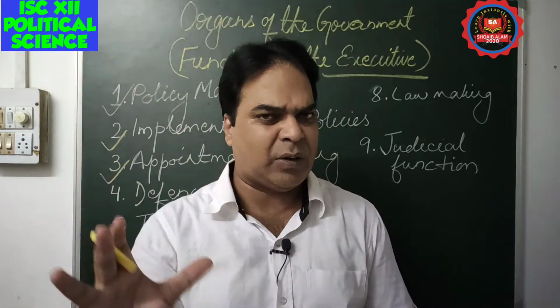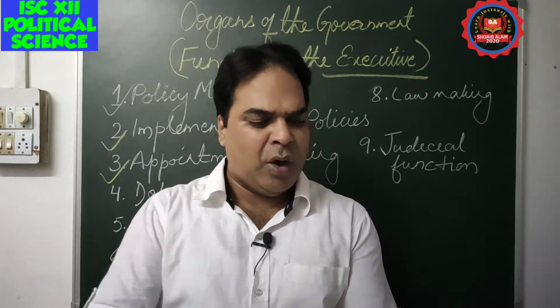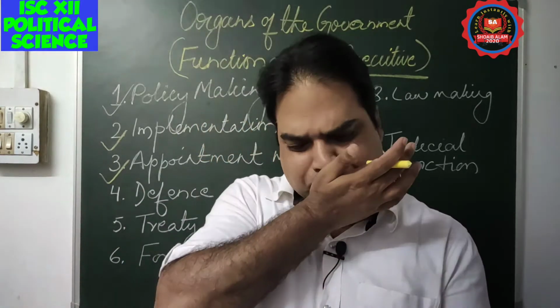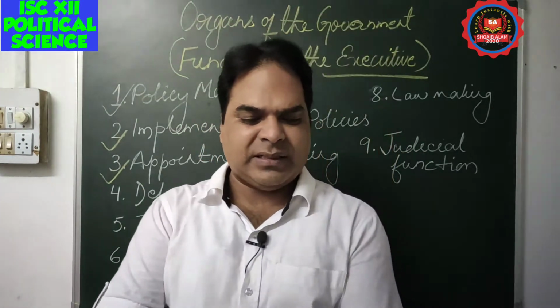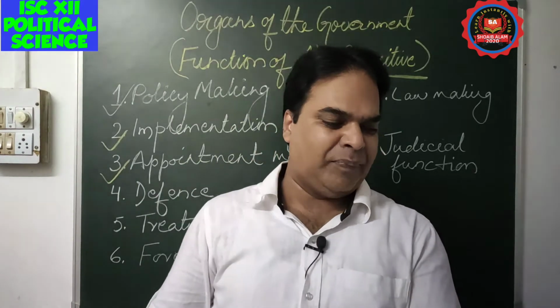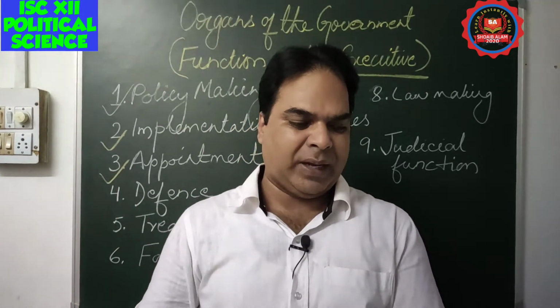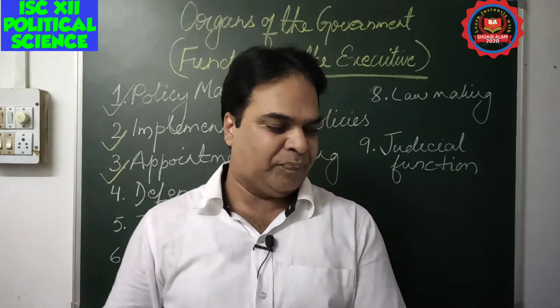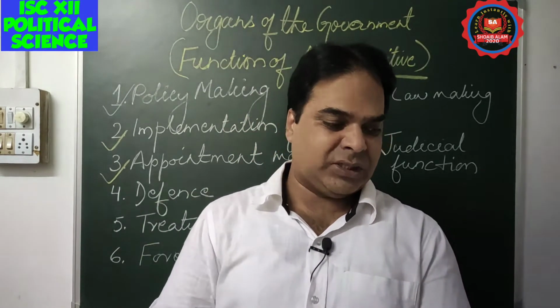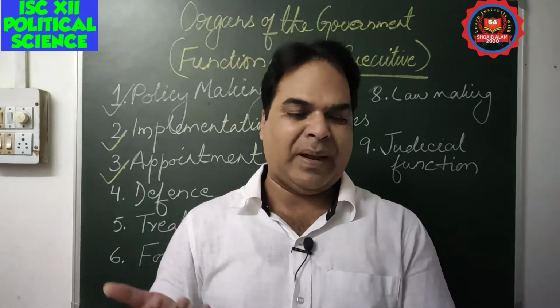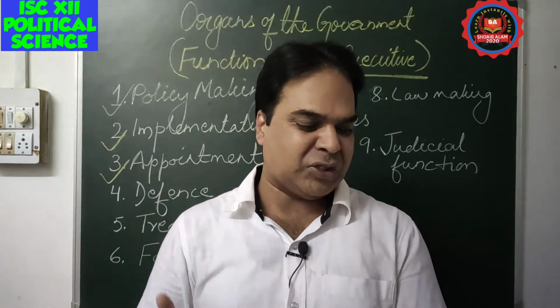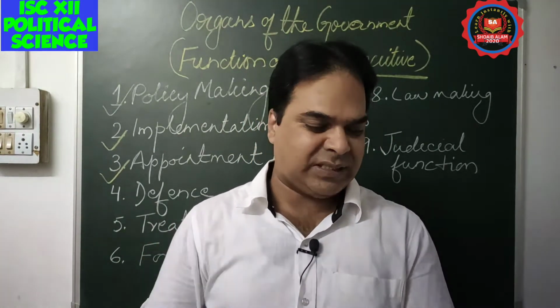Okay, the real executives are the ones deciding everything. So all the major appointments are made by the chief executive. For example, the president of India appoints the chief justice of India, the judges of the Supreme Court, high courts, ambassadors, advocate general of India, members of the Union Public Service Commission, governors of states.